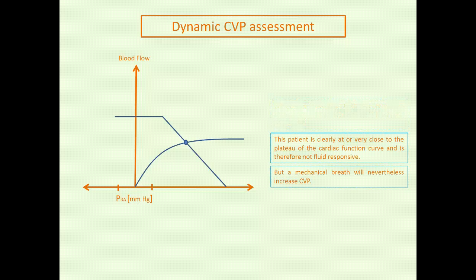occurs just with a breath, that can occur in response to the increase in venous return with that breath. So this tends to increase your CVP with the breath, like this.